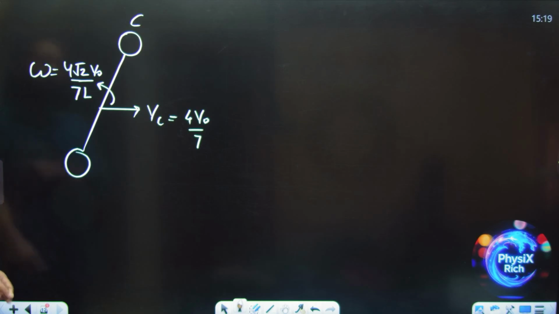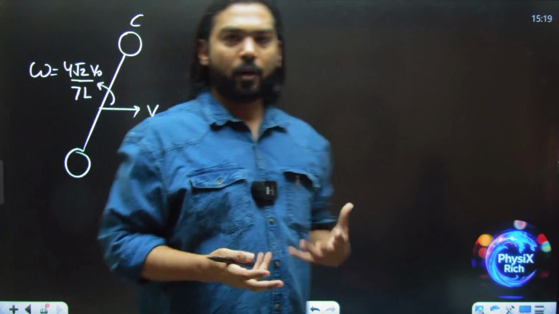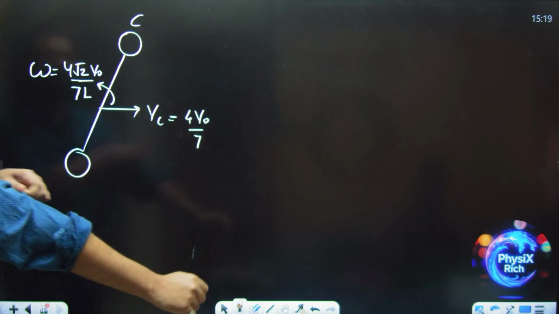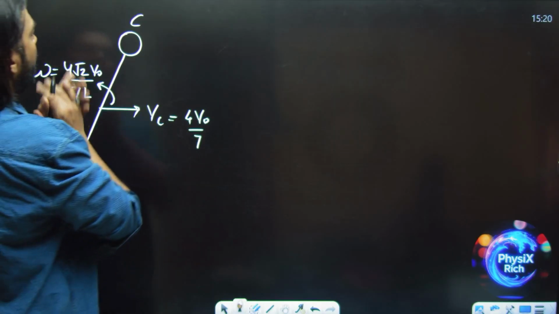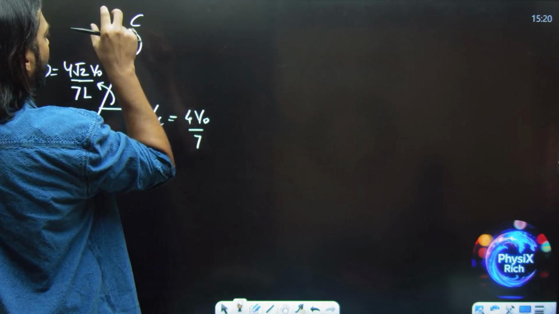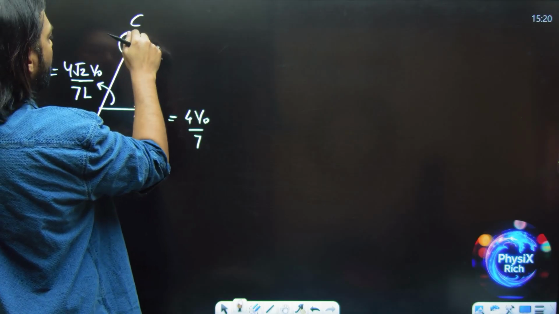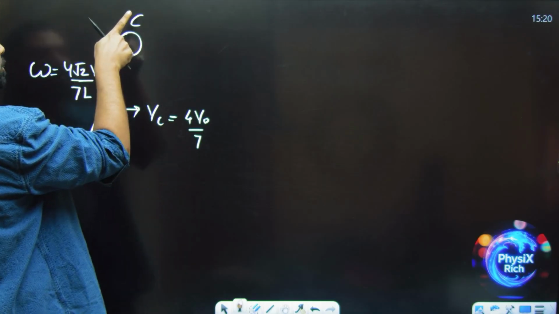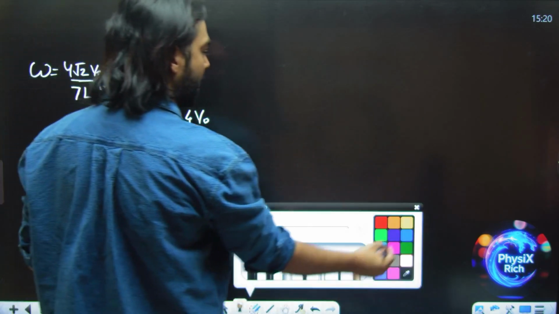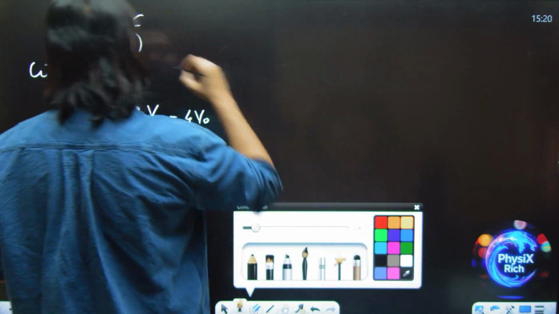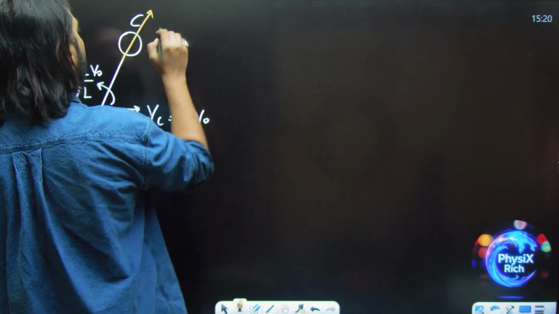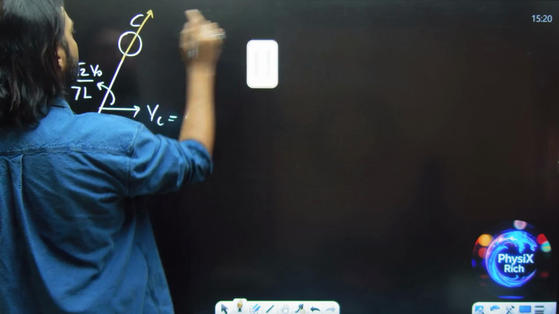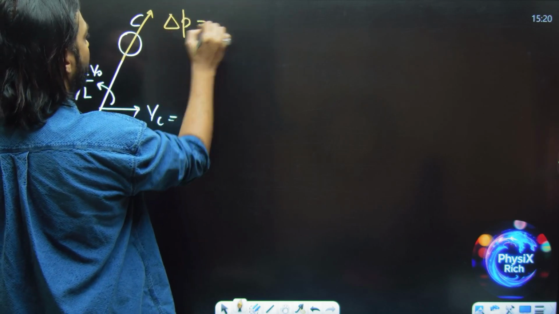All right. What exactly are we looking for? We are looking for impulse on C. My dear students, very importantly, C must be getting a force along the road, which means that the velocity that it must have gained must be over here, and that should be the velocity of C. However, what is the change in momentum for this particle C?